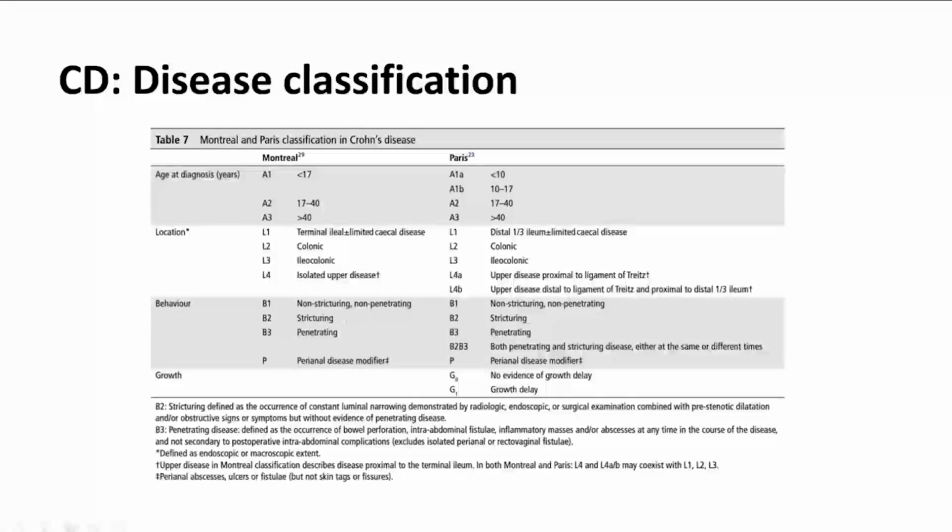And then penetrating disease basically means that fistulas can happen. So a patient that has stricturing and penetrating disease has more severe disease, and you want to be more aggressive with the treatment from the time of diagnosis. So it is important to know that patients with Crohn's can have non-stricturing, non-penetrating, stricturing, or penetrating disease.